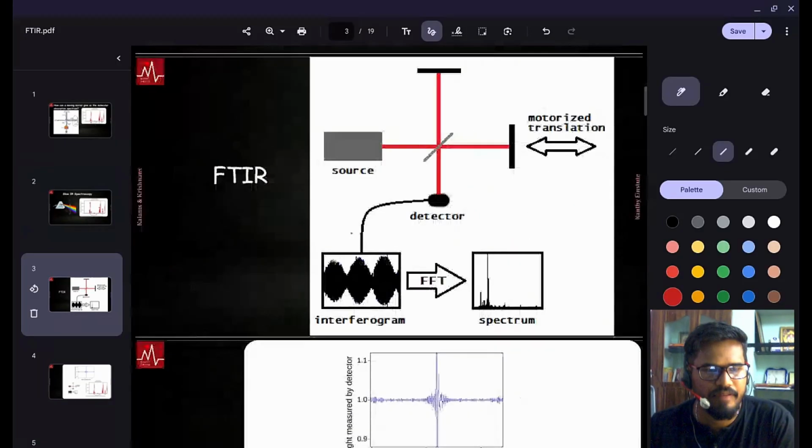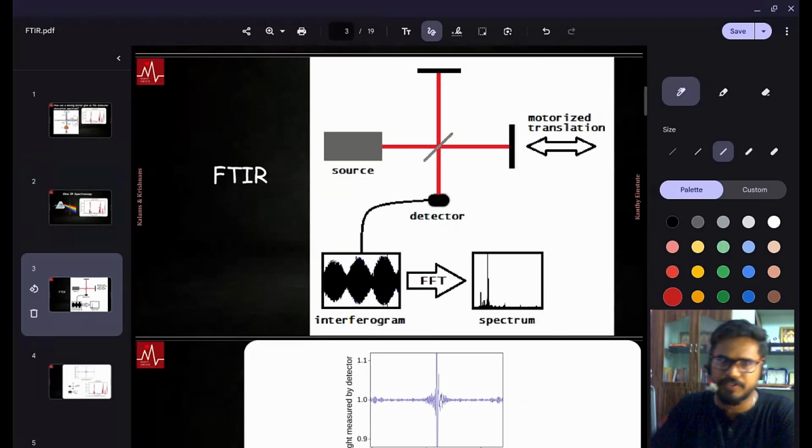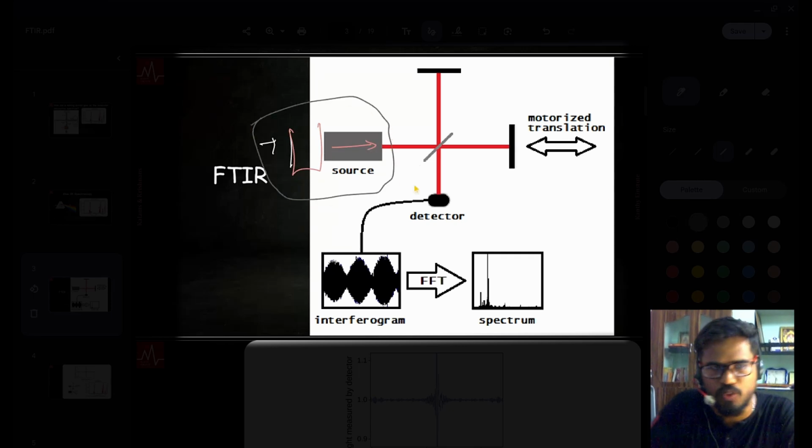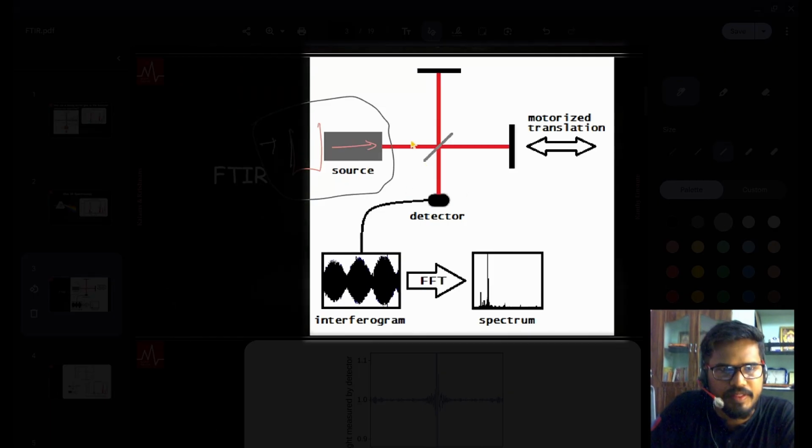The same thing in an FTIR setup: you have the source, with light passing through the sample, and what comes out of the sample after absorption is all represented in the source. Now there is a beam splitter over here.